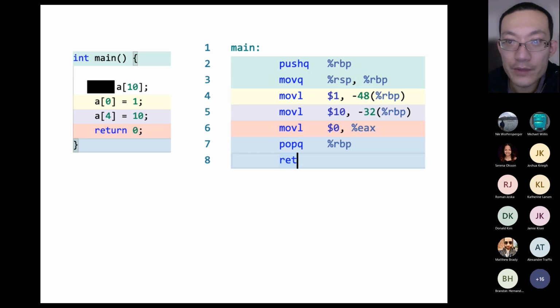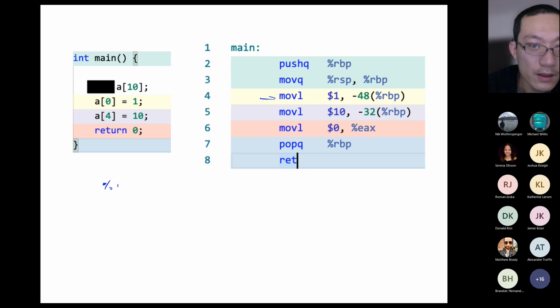Let's make a guess. If you look at the yellow zone, we move number 1 to RBP minus 48. So we can quickly find that RBP minus 48 is going to be the start of the array, which is A0.